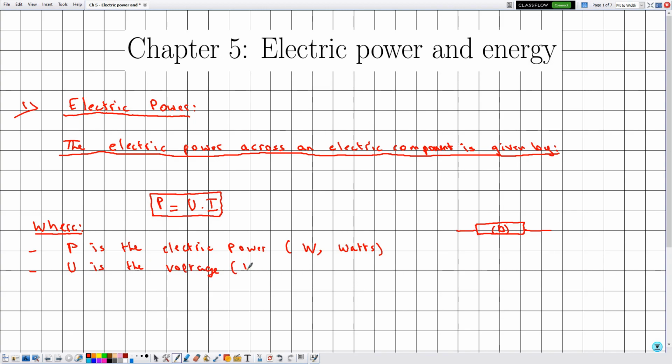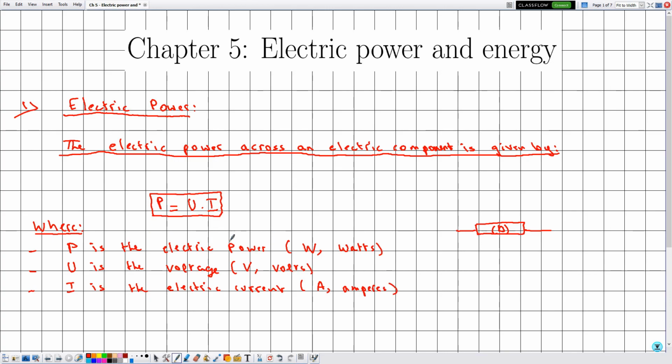Its symbol is V, which stands for volts. And as for the electric current, I is the electric current, and the symbol of its unit is capital A, which stands for amperes.